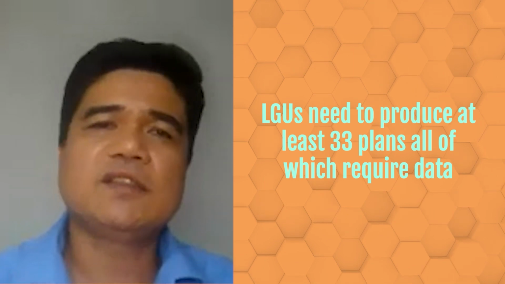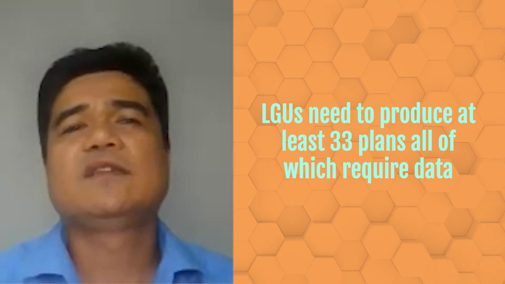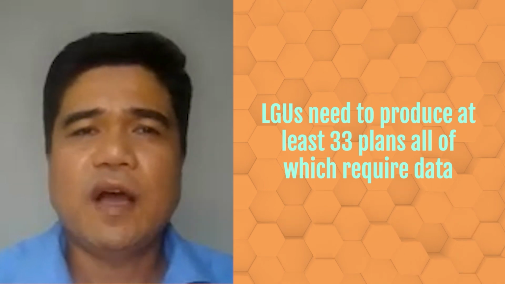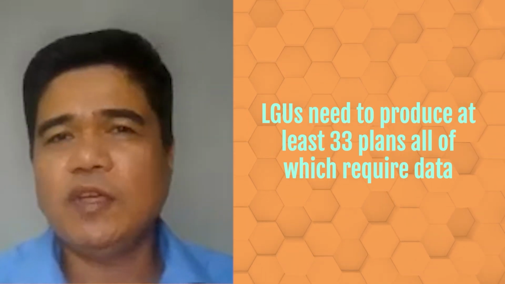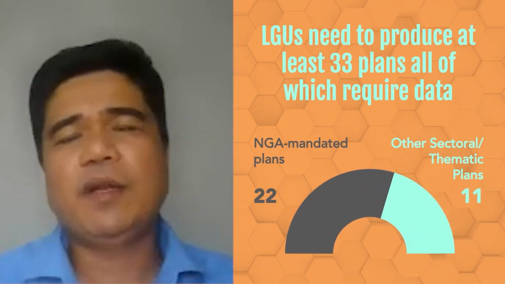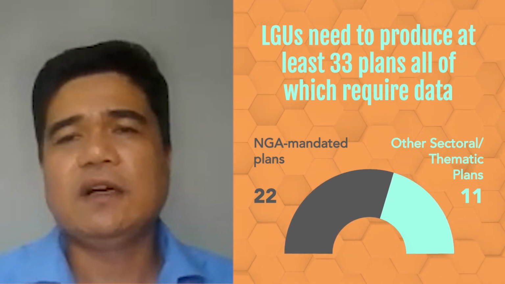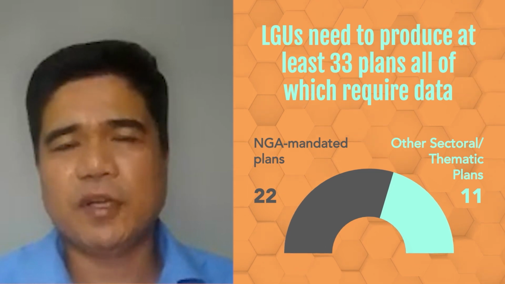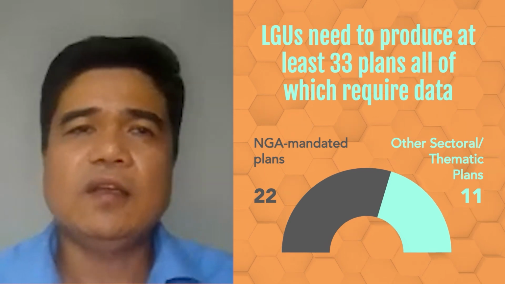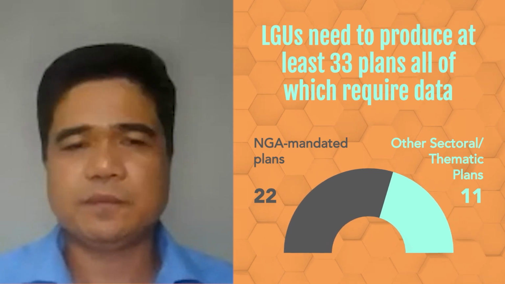And the 33 plans must be completed in 3 years, and some of them need to be updated annually, such as the annual investment plan. 22 of these plans are mandated by the national government agencies, while 11 plans are sectoral or thematic and mandated by law. And this includes the Local Disaster Risk Reduction Management Plan and the Gender and Development Plan.